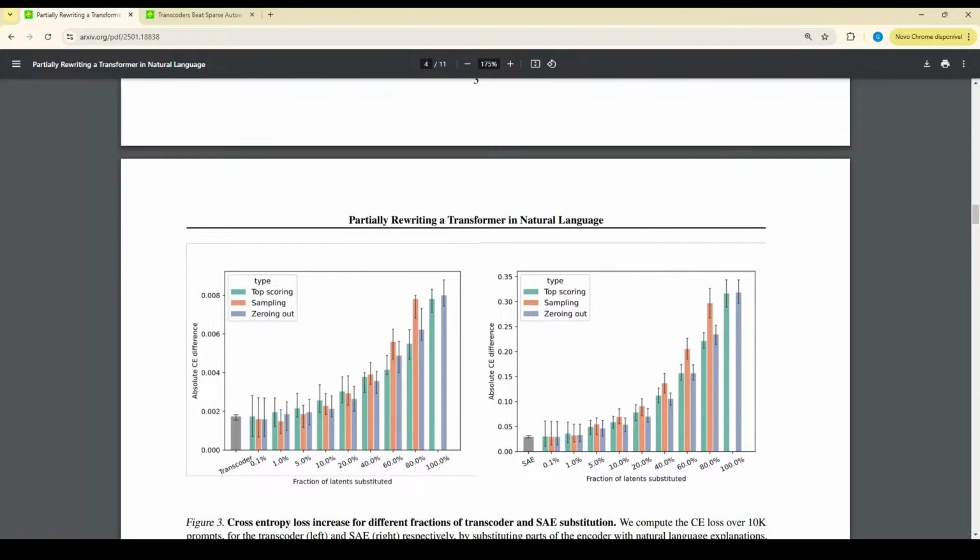I was going to explain what the fractions mean. You can do this rewriting on only a certain part of the transcoder. The transcoder has 32,000 latents, but you can decide, okay, I'm going to rewrite 1% of the latents, and I'm going to use the rest of the encoder normally.